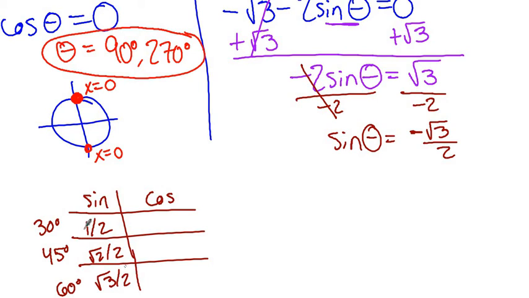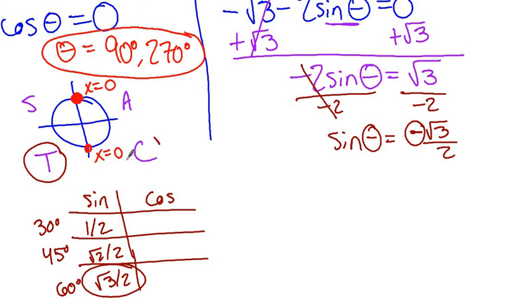I didn't write root 1 because root 1 just equals 1. So it looks like 60 degrees is the angle we're interested in, but it's 60 degrees in quadrants where sine is negative. So my question for you is, in which quadrants is sine negative? And the answer is sine is negative in the tangent quadrant and in the cosine quadrant. It's positive here, S means sine, and it's positive here, A means all. So our reference angle is 60 degrees.